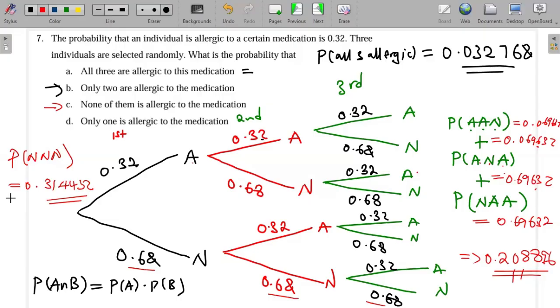Okay, so any questions there, guys? Okay, let's look at the last one. So the last one, they're saying find the probability that only one is allergic. Okay, find the probability that only one is allergic. So let me erase some of these things here.